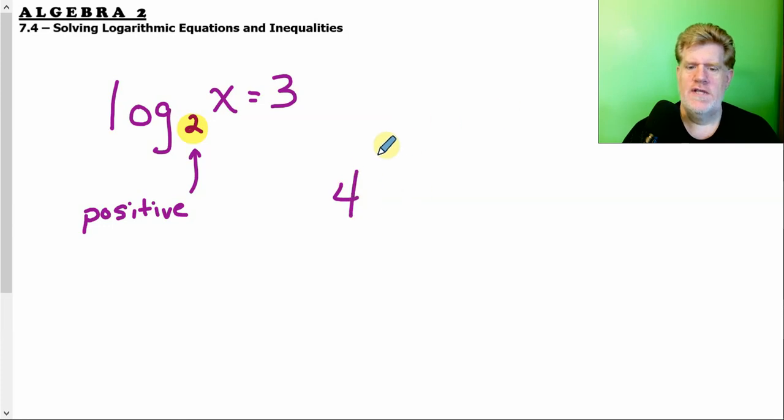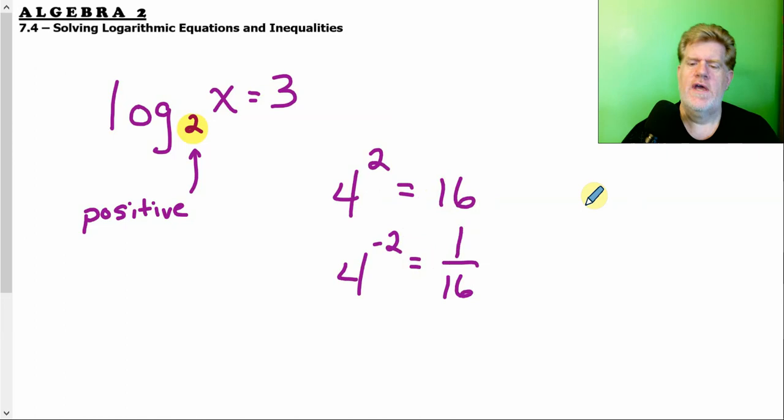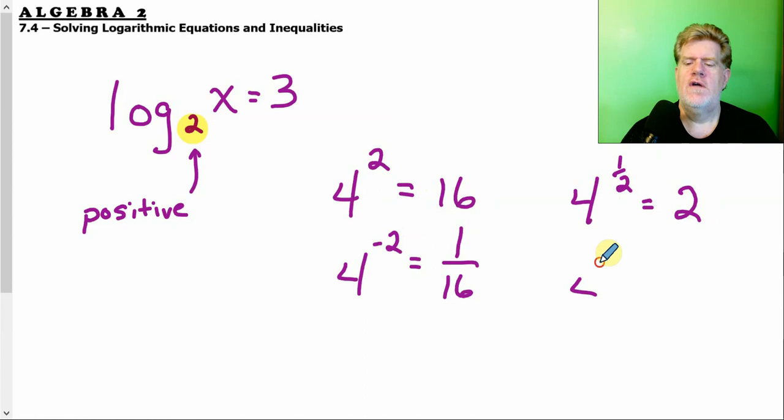Now, if I raise 4 to the second power, it becomes 16. Or what if I use a negative exponent? Oh, it's 1 over 16. What if I use a fractional exponent? Well, that just means square root. That's 2. What if I use a fractional exponent that's negative? Well, square root of 4 is still 2, and the negative puts it on the bottom.